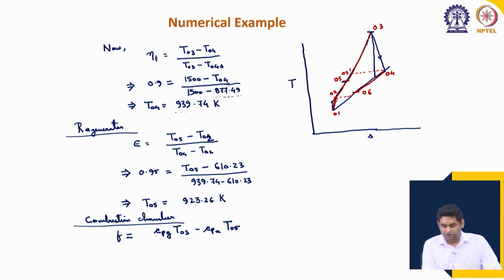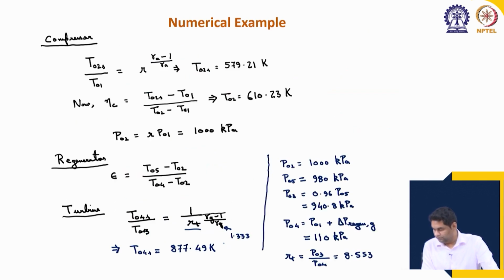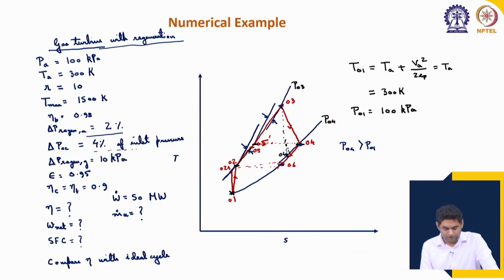Exit temperature is T03, inlet temperature is T05, divided by eta B, then QCV calorific value minus Cp of gas into T03. So, the calorific value is given as 45 megajoule per kg. I think it was already mentioned, or I forgot to mention here.